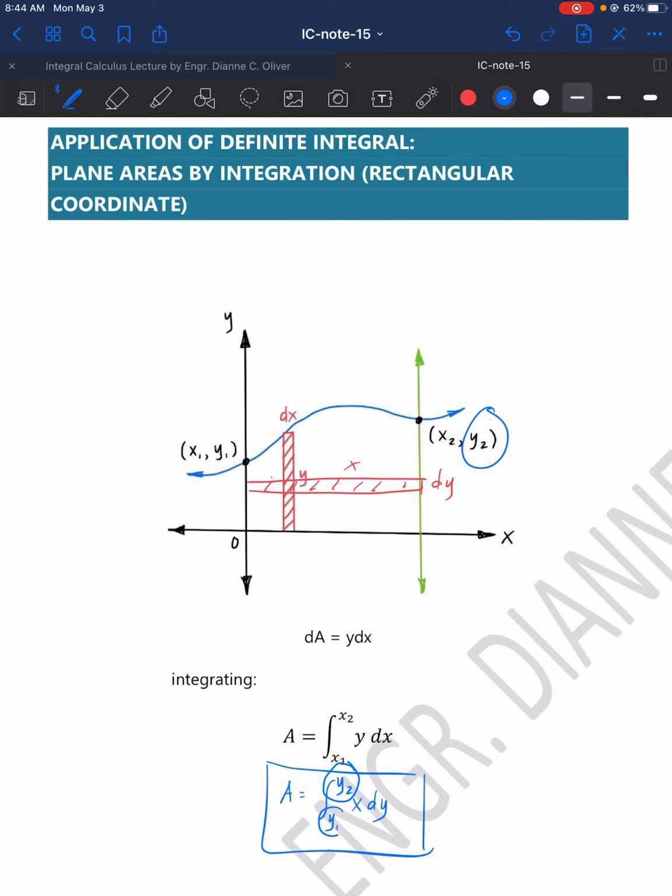Now how about y1? It is the lowest point at which the boundaries intersect. The lowest point where the boundaries intersect is the origin.